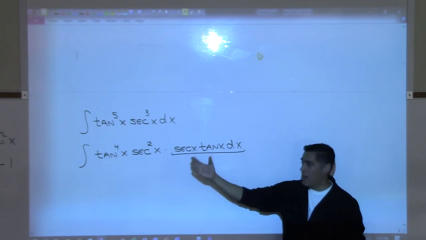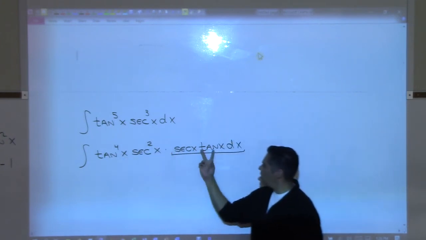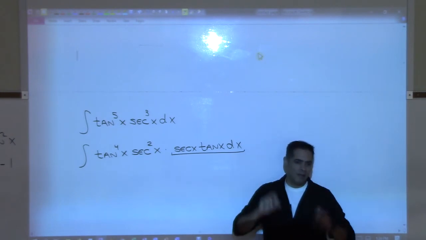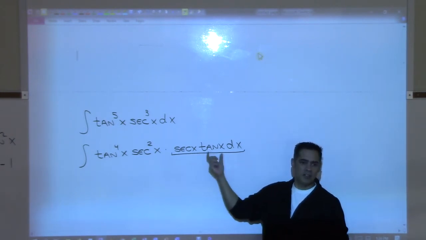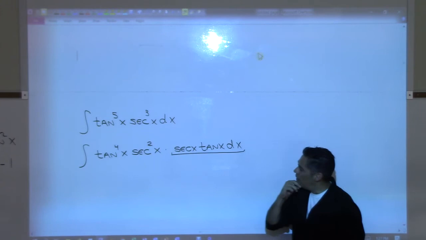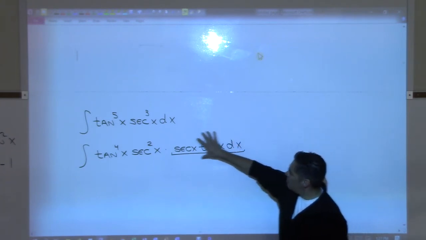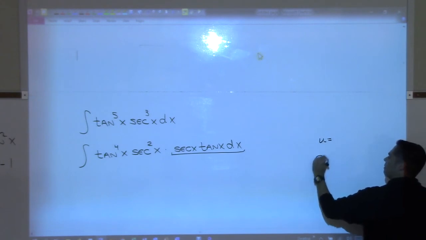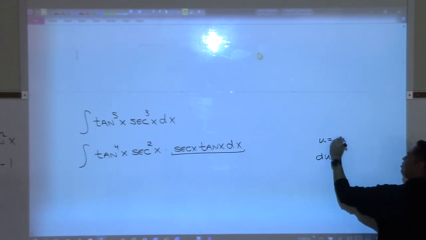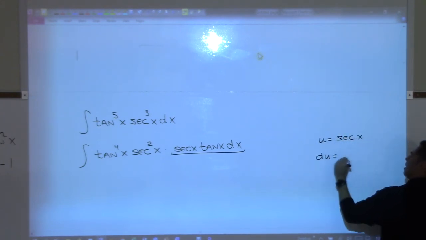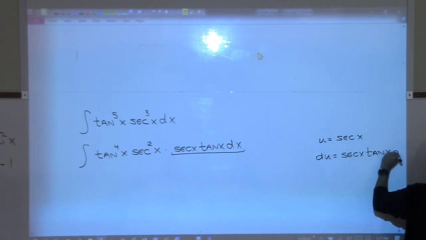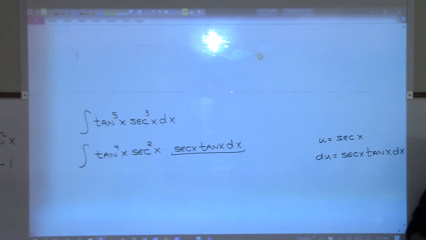Everyone follows how I'm allowed to peel these off? I could have swapped the order, but the formula for the derivative of secant is secant x tangent x. So that's why I did this. This is going to allow me to make the substitution that u is secant x, and the derivative of that is secant x tangent x dx, right?